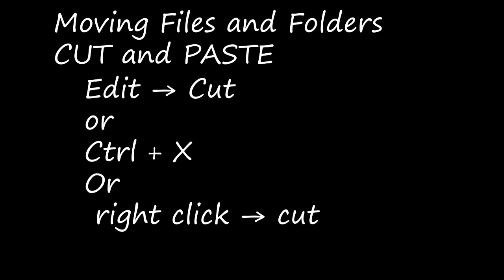Or if you want to copy it, you can select the Copy option, right? And wherever you want it, you can click in that window, right click again, and select Paste there.